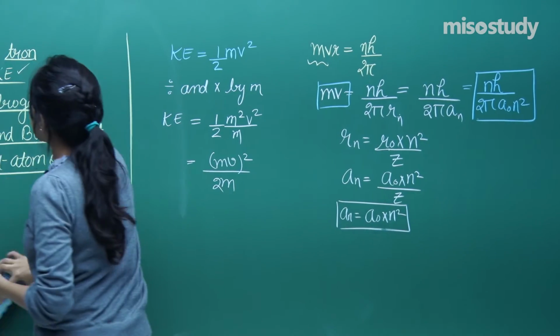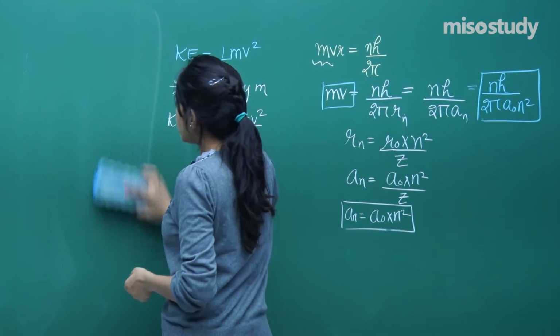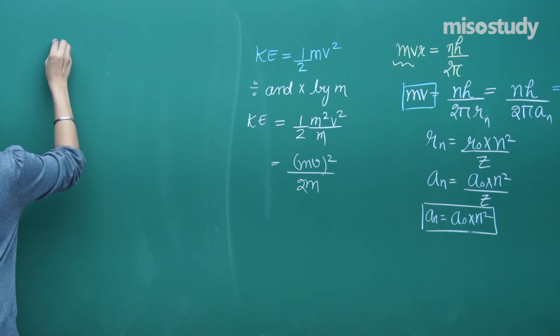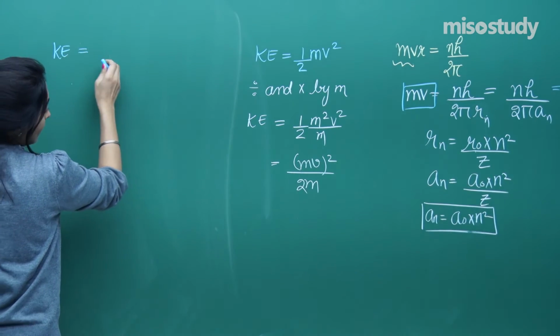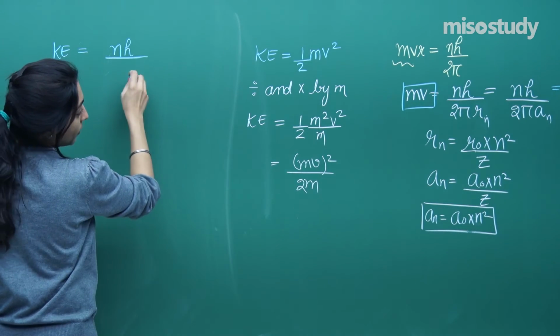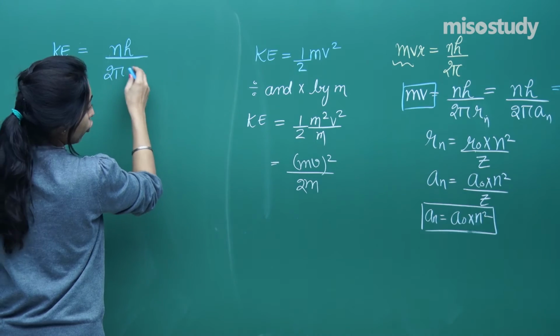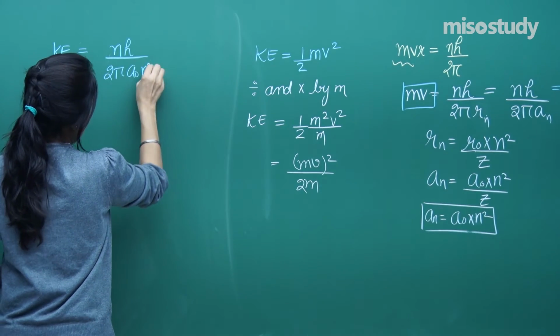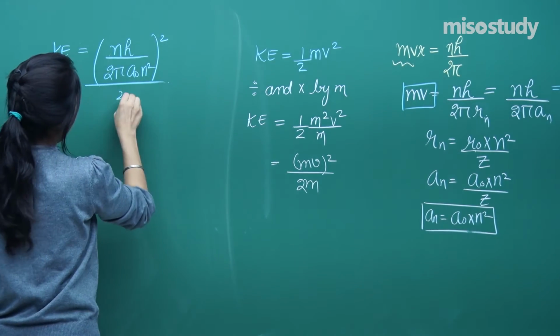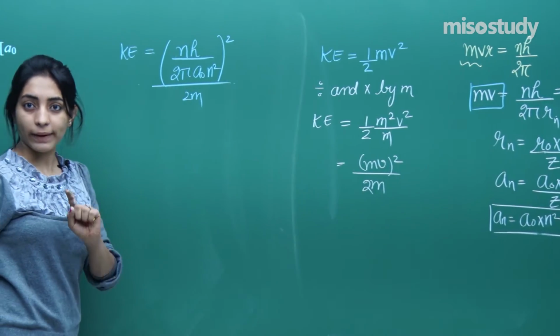Now try to substitute the value of mv here. And we know the second Bohr's orbit I will be talking about. See carefully. We'll get kinetic energy is equal to mv whole square, nh to be divided by 2 pi a naught into n square whole square, to be divided by 2m. Am I right?